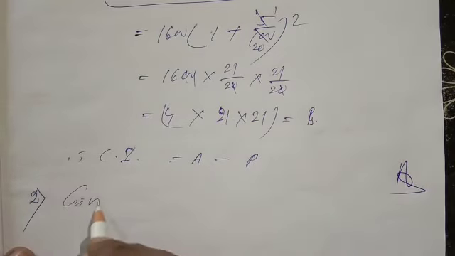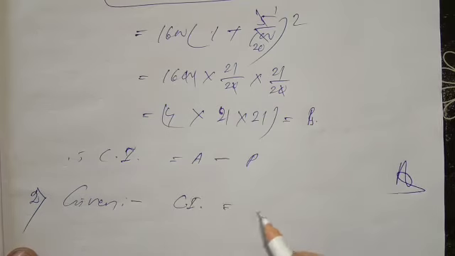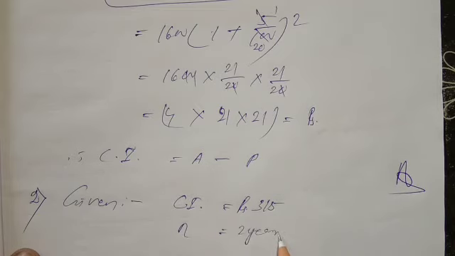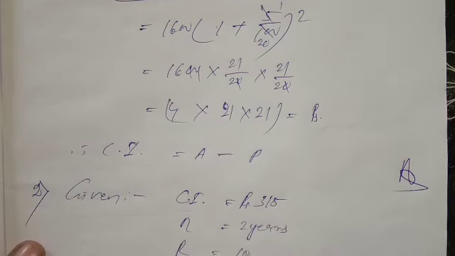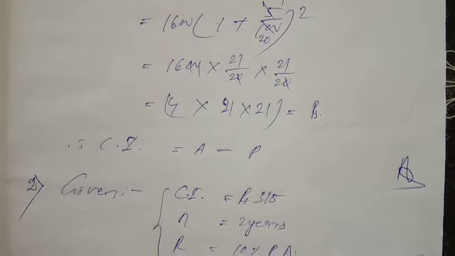The given: compound interest rupees 315, and n means number of years given 2 years. Rate given 10% per annum, compounded yearly.